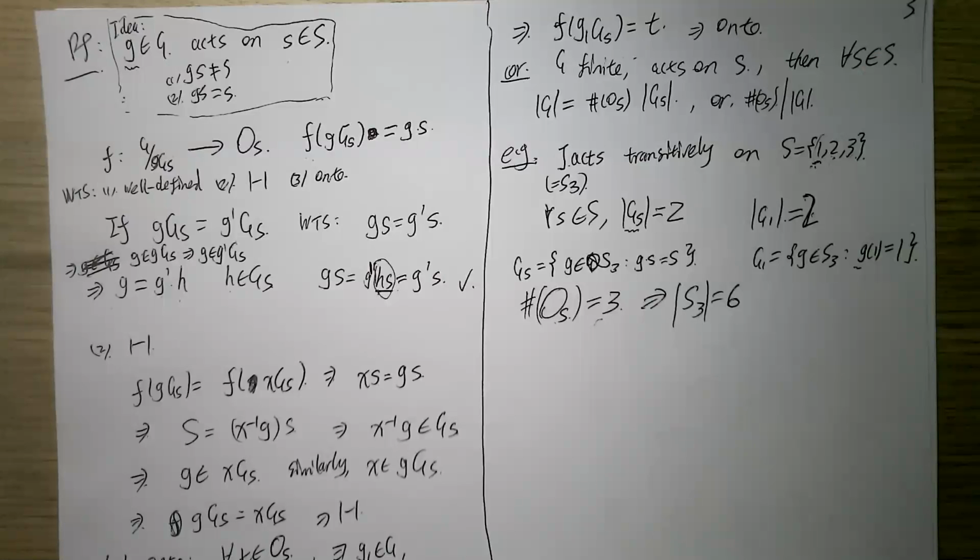Yeah, I understand, but what I want to ask is, is it possible to have an orbit that is not the whole set itself, like the only orbit, not the whole set?